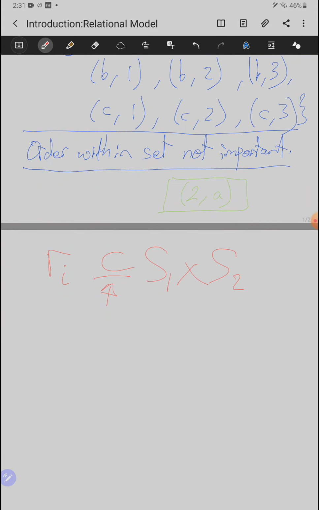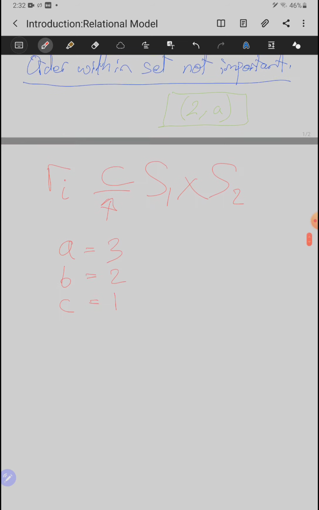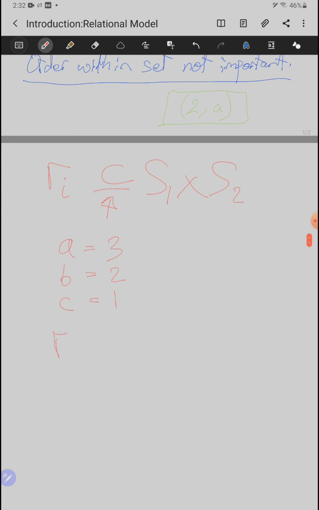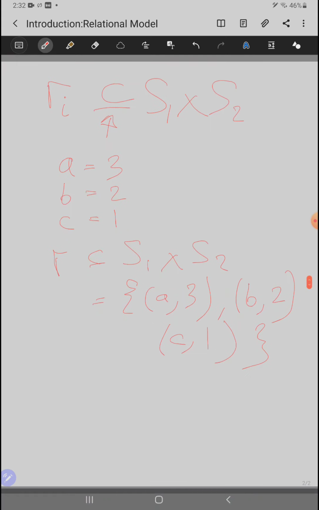So for example, we could imagine a GPA system out of 3 that says an A is a 3, a B is a 2, and a C is a 1. Then that relation is a subset of S1 cross S2, and in particular it is the set {A3, B2, C1}. Okay?